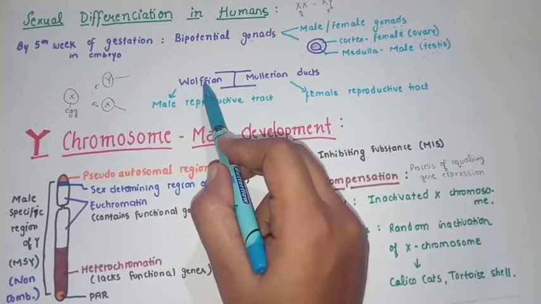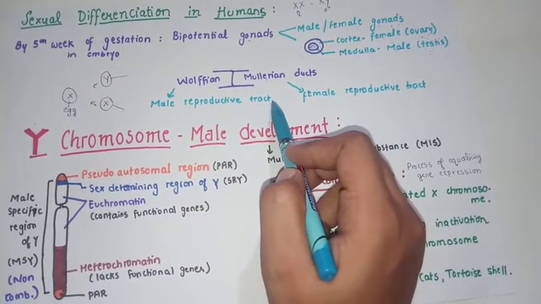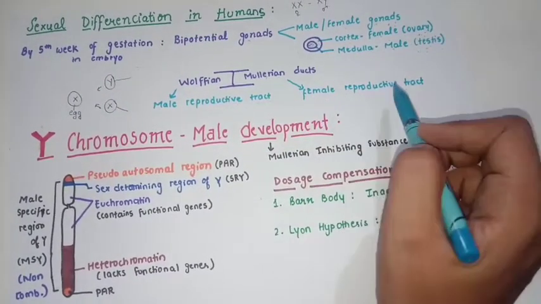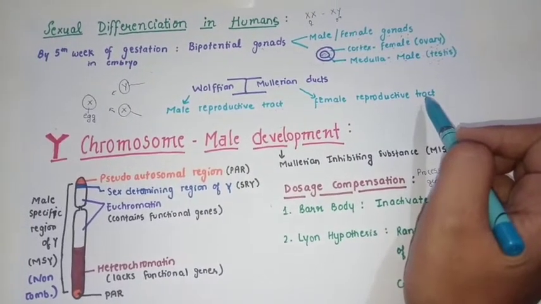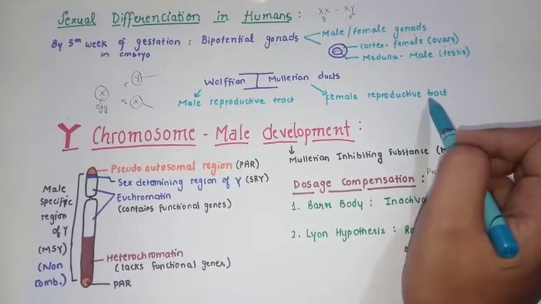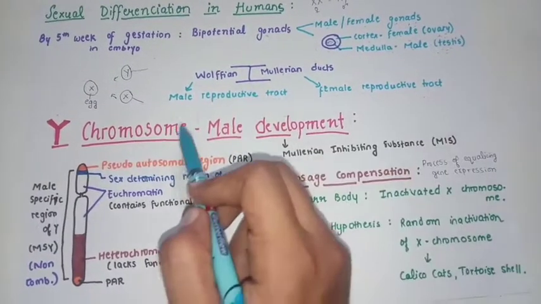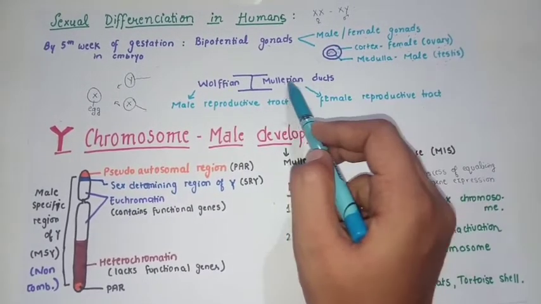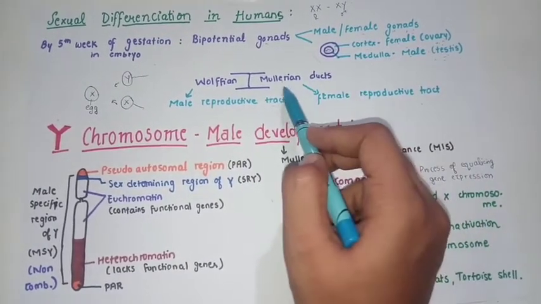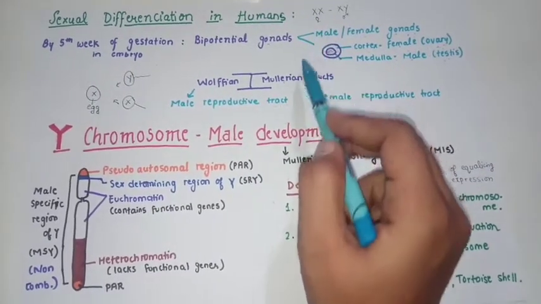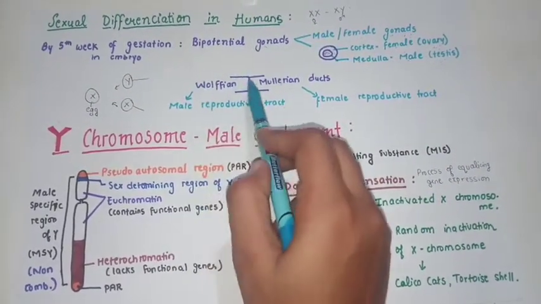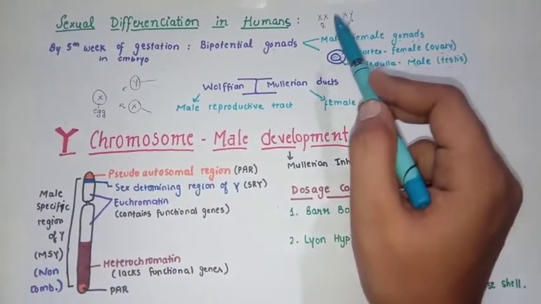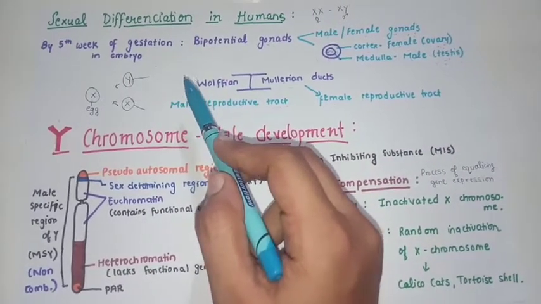Wolffian ducts lead to the development of the male reproductive tract, such as the seminal vesicles, and Mullerian ducts lead to the development of the female reproductive tract, that is the oviduct, cervix, vagina, etc. So if there is a male, that is XY, the Mullerian ducts will degenerate automatically, and if there is a female, the Wolffian ducts will degenerate automatically. So here we can say that it is the Y chromosome that leads to the development of a male.